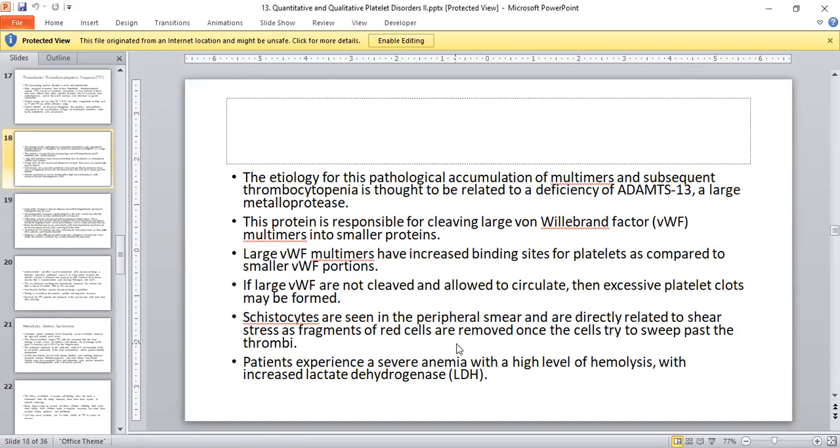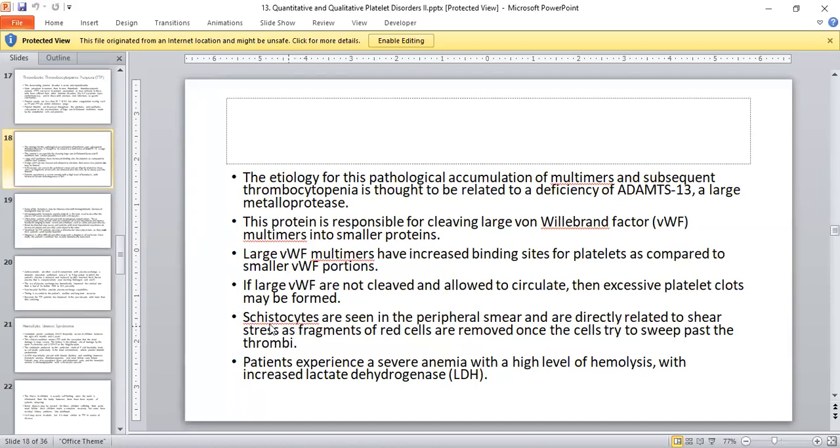Schistocytes are also seen in the peripheral smear, and they're directly related to shear stress, as fragments of red blood cells are removed once they try to sweep past the thrombi. The aggregates of platelets will just make the vasculature very narrow, so there's going to be a lot of shear stress on the other components of blood, so they tend to rupture.